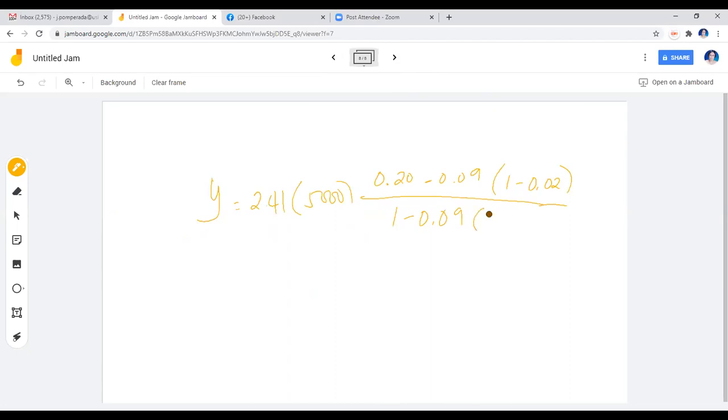So your R is 2.41 minus 1. And you have already the yield. The unit of the yield, of course, is a mass unit. So you have 2.41 times 5,000. Sorry, I will have first negative 0.09 times 1 minus 0.02.